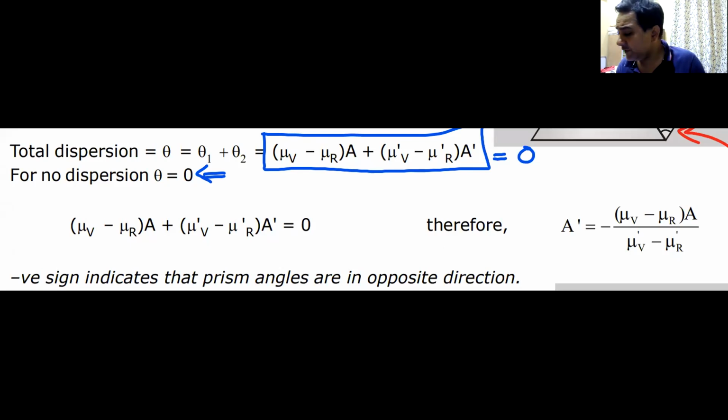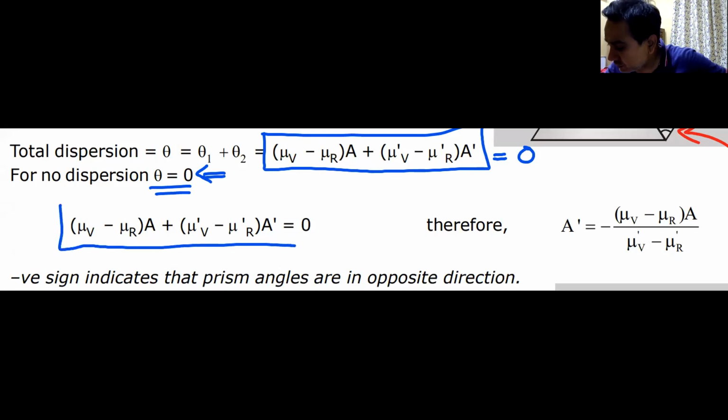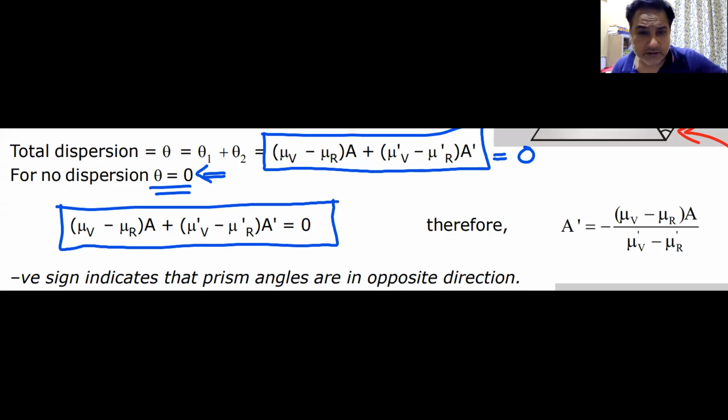By the definition, we know that dispersion is 0. This is the total dispersion and that is 0. A is the angle of prism for the first prism. A dash is the angle of prism for the second prism. (mu v minus mu r) into A is the dispersion for the first prism. (mu dash v minus mu dash r) into A dash is the dispersion of the second prism.